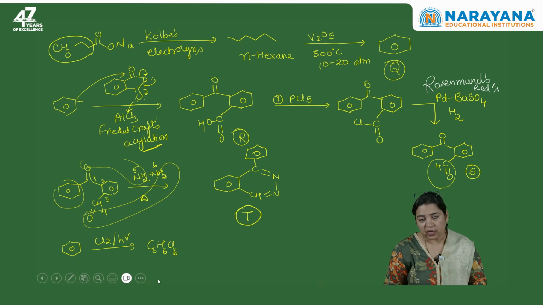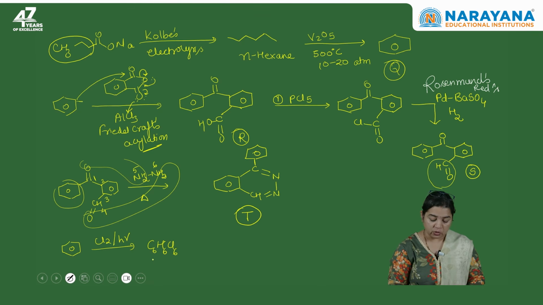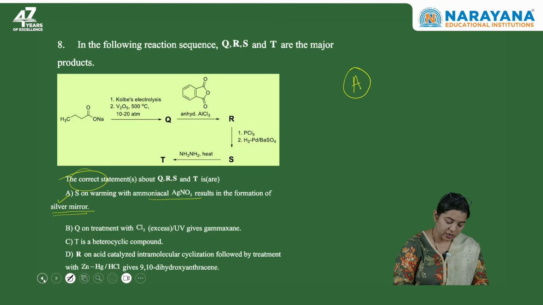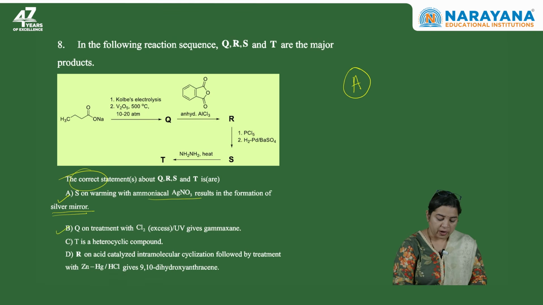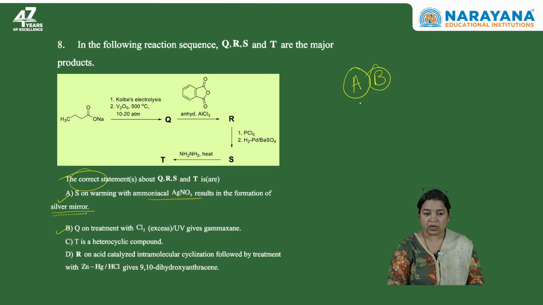Some of its isomers are very well known pesticides and insecticides. One of them is gammexane, an insecticide. We commonly call it BHC, we call it 666, hexachlorocyclohexane, so many different names are famous for it. Now, we find statement B to be part of our answer, as it is a true statement.